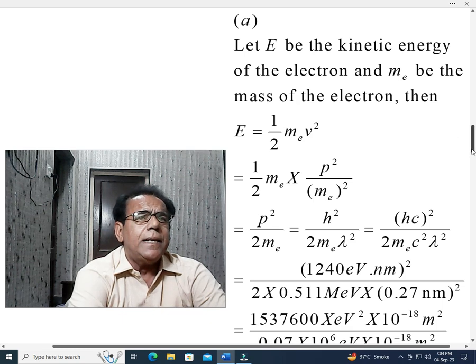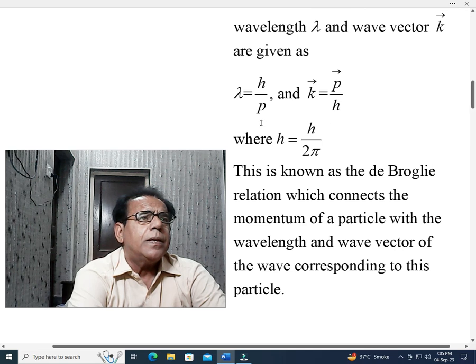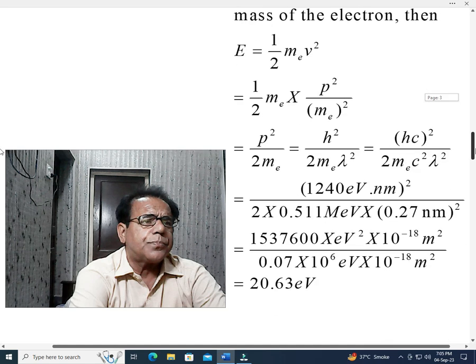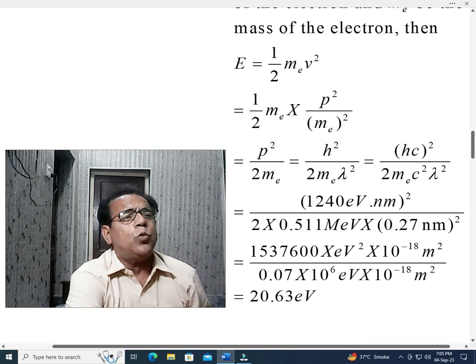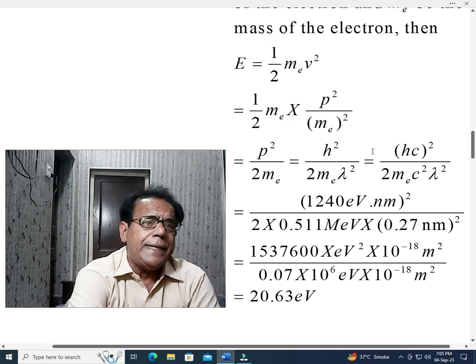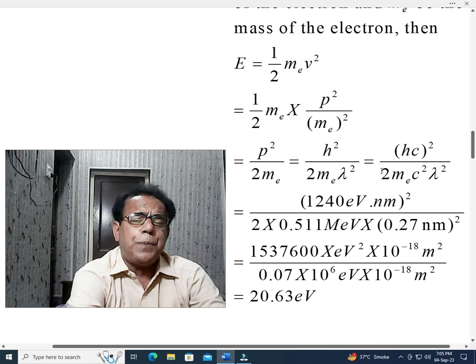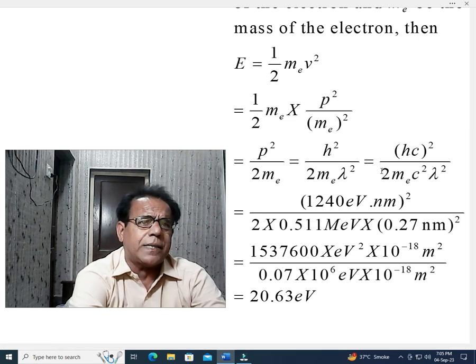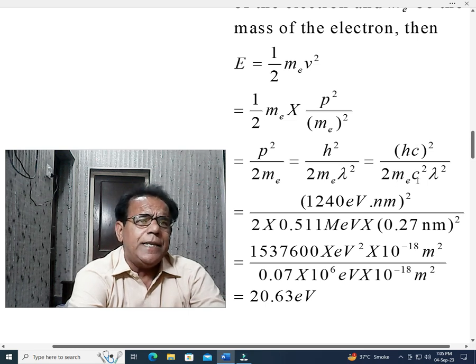Here again we have used p equal to h over lambda, so p square is h square over lambda square. In the next step, we have multiplied and divided by c square. In this way the expression will have no effect.